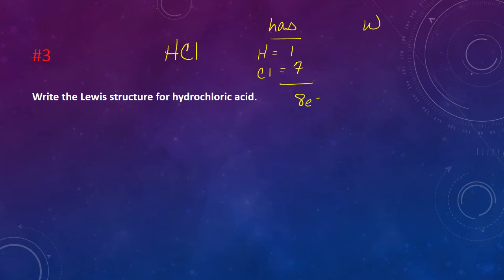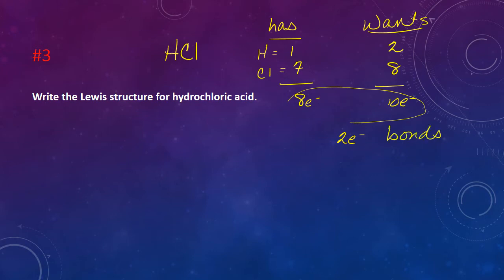Now we have to figure out how many this guy wants. Hydrogen wants 2. Chlorine wants 8. And that's a total of 10 electrons. Now, the next step says you need to subtract these 2 numbers. So that gives us 2 electrons. Now I have to find out how many bonds there are.